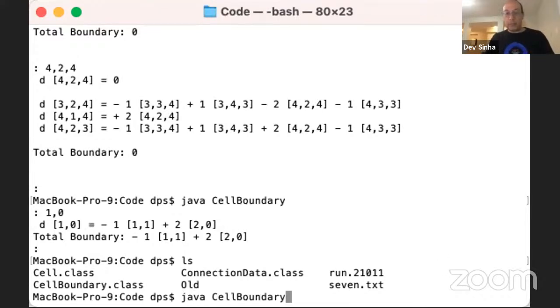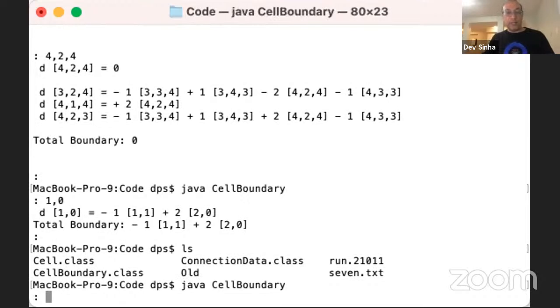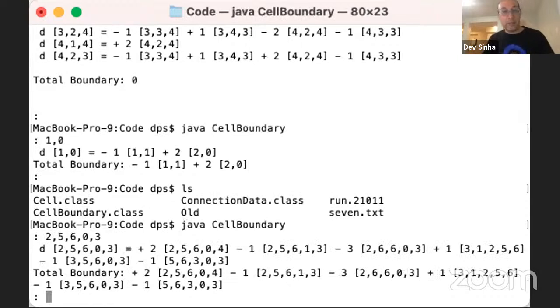I'll talk about this, but there's a piece of software that Chad Giusti wrote, and you can just take any list of numbers, and it's going to give you a linear combination of similar lists.